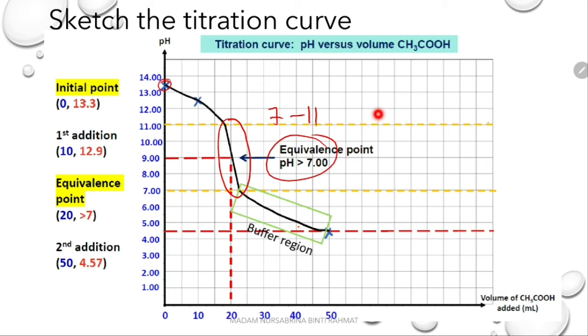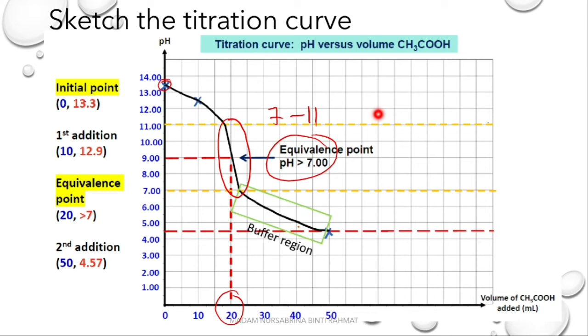So at the equivalence point, I need 20 milliliters of my ethanoic acid, so it's been labeled as the equivalence point. After reaching the equivalence point, we have completely used all the NaOH present in the solution. All the NaOH has been converted to salt, and we add more CH3COOH, our ethanoic acid, so we have excess CH3COOH.